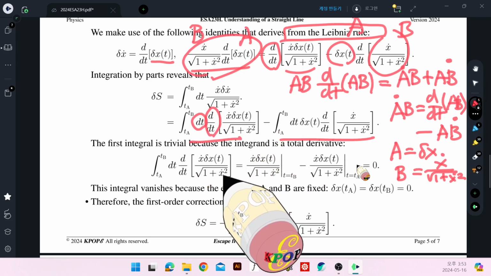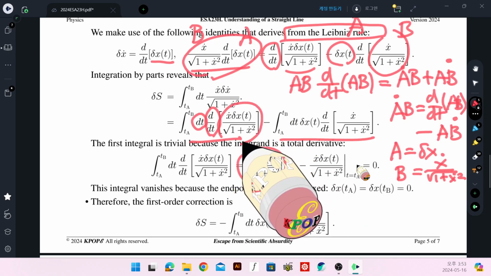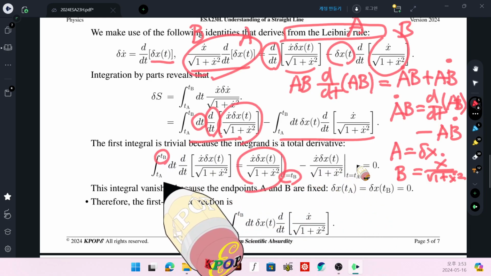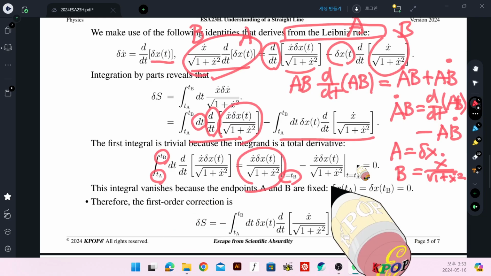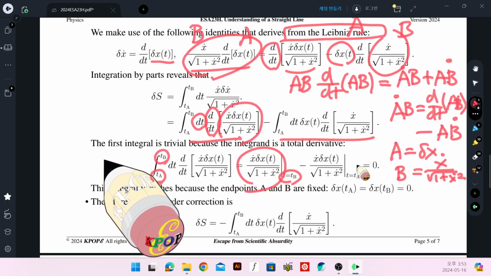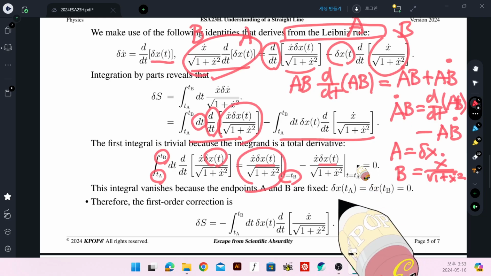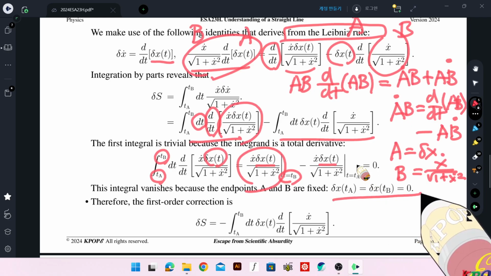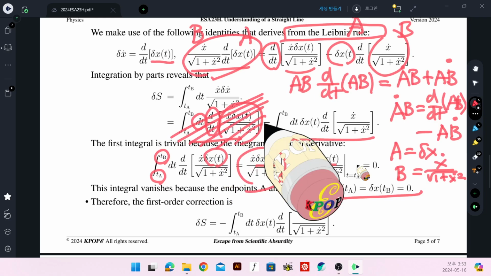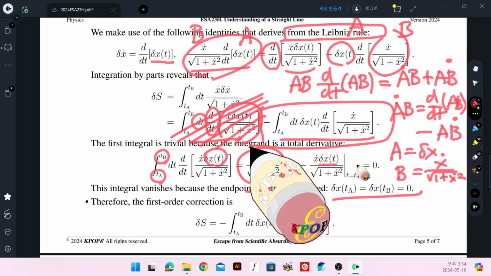Therefore, the answer is the integrand itself evaluated at the endpoint subtracted by the starting point. And we remember the variation delta x disappears at endpoints. Therefore, this contribution is nothing. The only contribution is this.